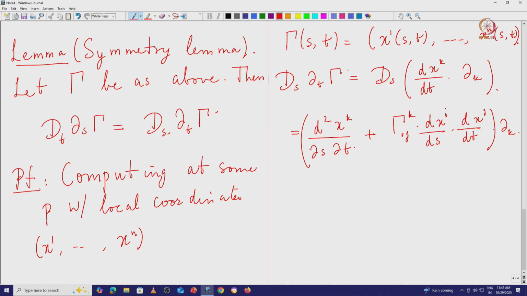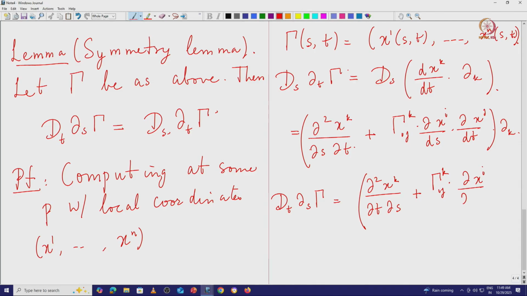Alright, but now if you do the same thing but with the other order, so if you take D_t ∂_s gamma, the first term will be, so all of these should be partial derivatives. Let me correct the notation, right. So this will then just be ∂²x^k/∂t∂s plus Γ^k_{ij} ∂x^i/∂t ∂x^j/∂s, okay, the whole thing times ∂_k.